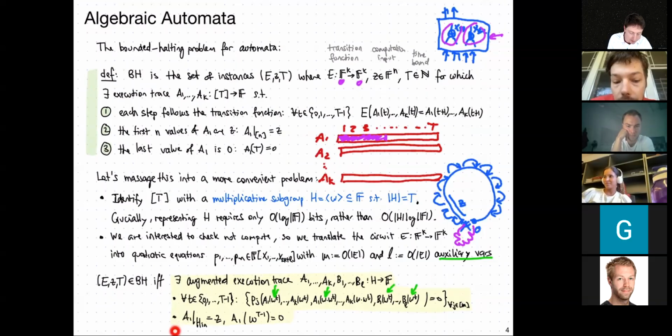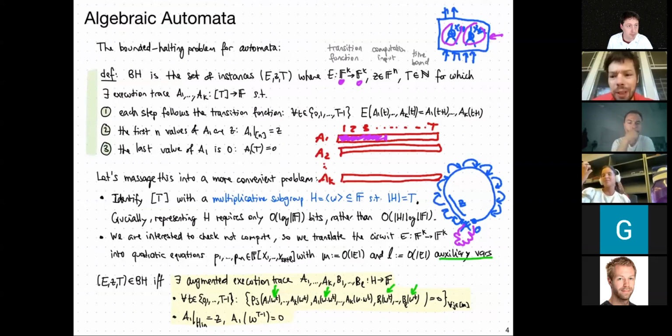Otherwise, I would need to put another condition here that says A1 through, or maybe A2 through AK at omega to the 0 is, I don't know, 0 or something, right? That is something you could write, if that would be the beginning configuration of a machine, regardless of the input, right? But I'm throwing it out, and we don't even need to talk about it, right?